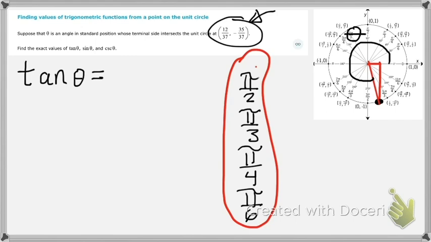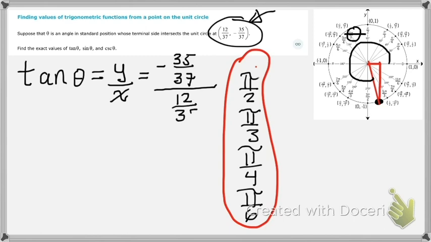Well, what is the tangent of theta? The tangent of theta for any angle on the xy axis, where we draw a circle around the axes, is equal to y over x. I've got the y and the x over here. The y is negative 35 over 37 over the x, which is 12 over 37.